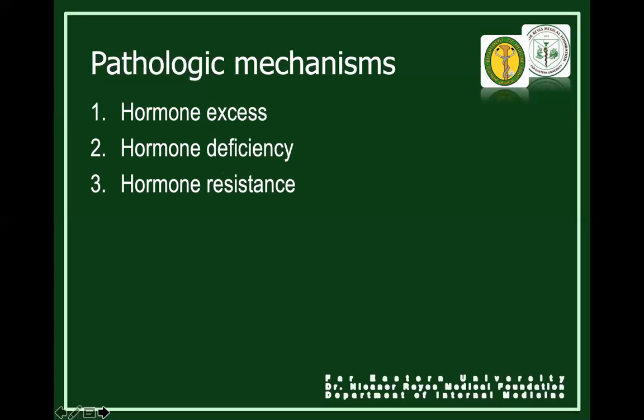So the hormone resistance usually in endocrine matters means that there is the presence of the hormone. However, in your target organ or in the end organ, it is not functioning. So there can be a block in the receptor, or there can be a loss of function.